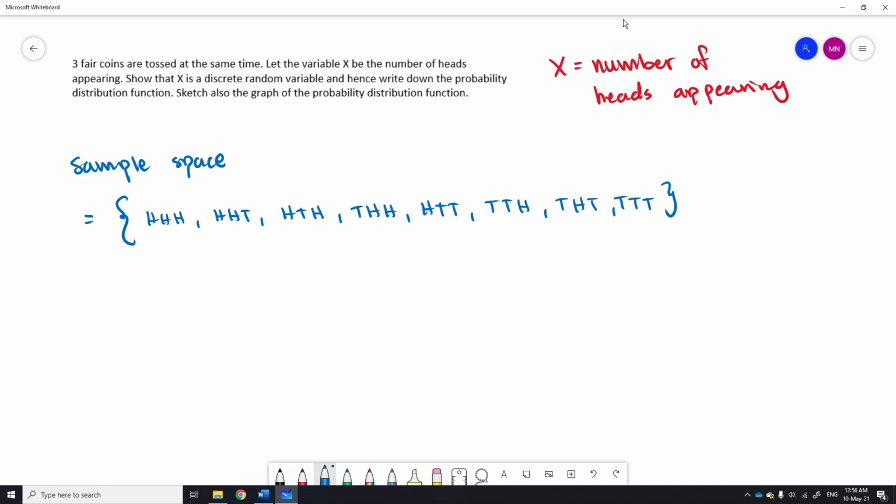So these are the outcomes that we can get when 3 fair coins are tossed.